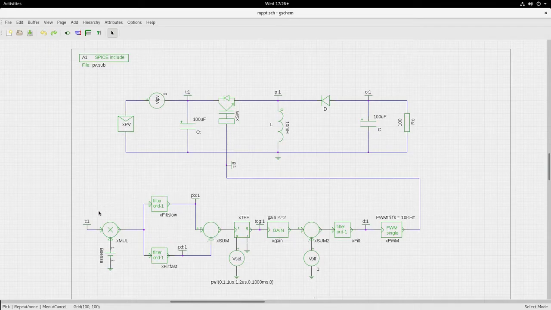Now how are these blocks functioning, and do they agree with what we had discussed earlier? So let me put up the block diagram that we had discussed while discussing the hill climbing algorithm, and let us compare and try to understand this.